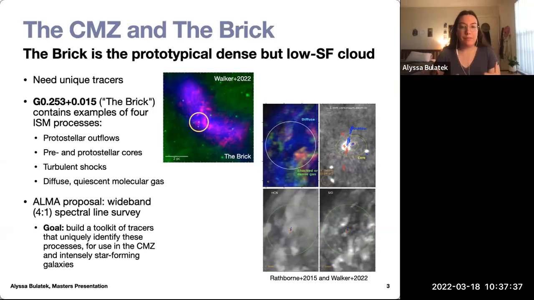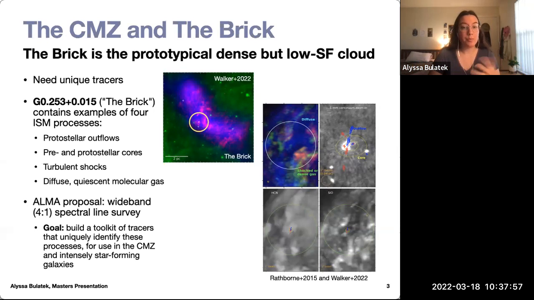So in a way, even though the brick is representative of the temperatures and densities in the rest of the CMZ because that's where it's located, it's actually much easier for us to find new tracer molecules there rather than somewhere where there's a whole lot of star formation going on and it's a really extreme environment.